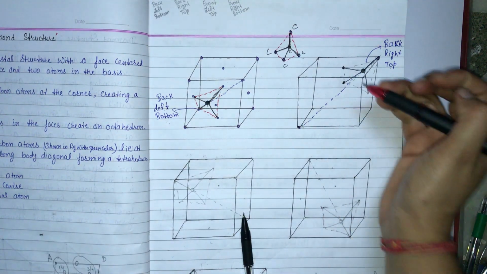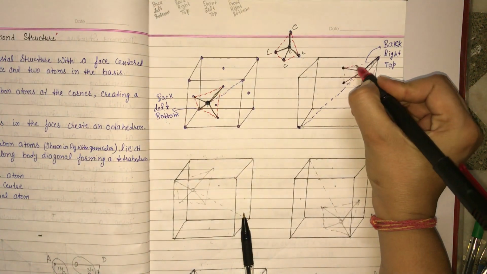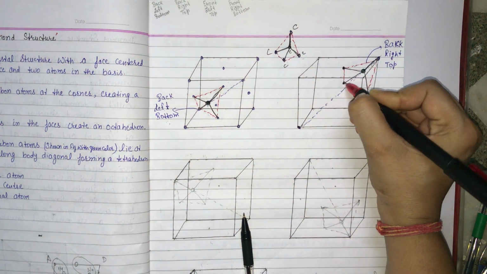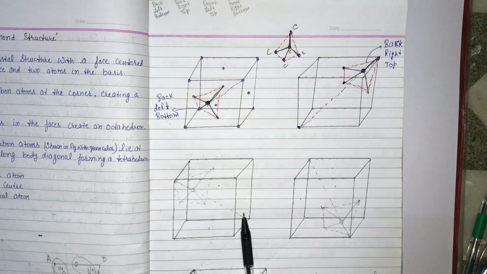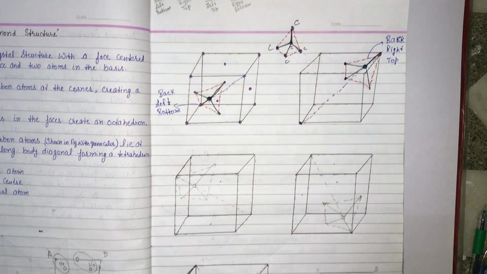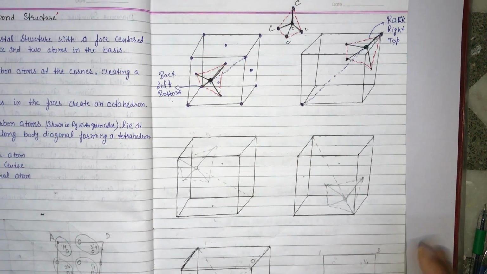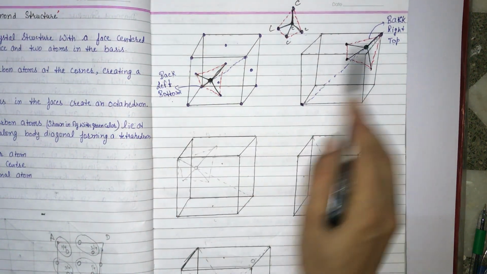Now make the tetrahedral. So in this way, the another carbon atom is placed along this position. Clear? Now mark the third body diagonal carbon atom position. So we have done with the back faces.